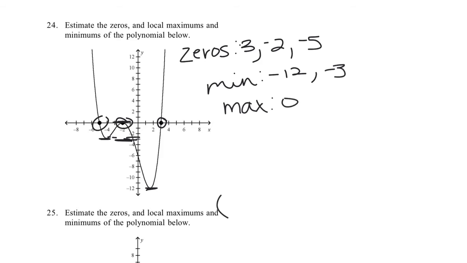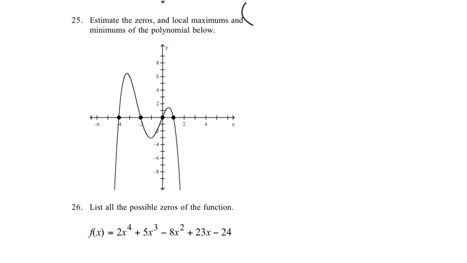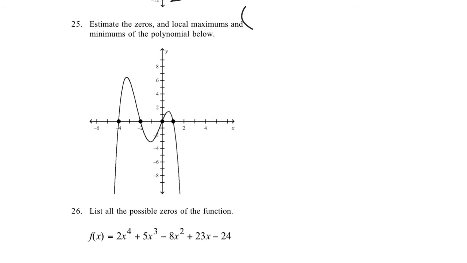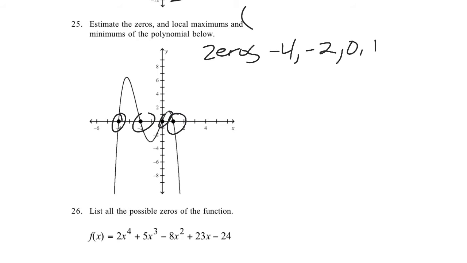Okay, let's look at the next one. Same thing. The zeros are at negative 4, negative 2, 0, and 1. And then my local mins and maxes are maximum, maximum.